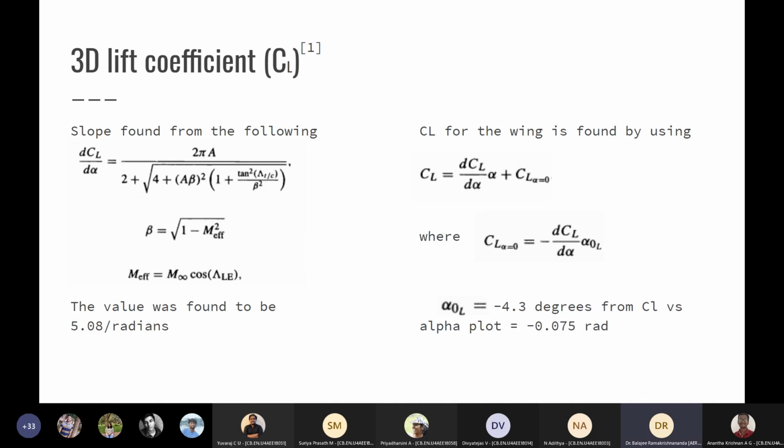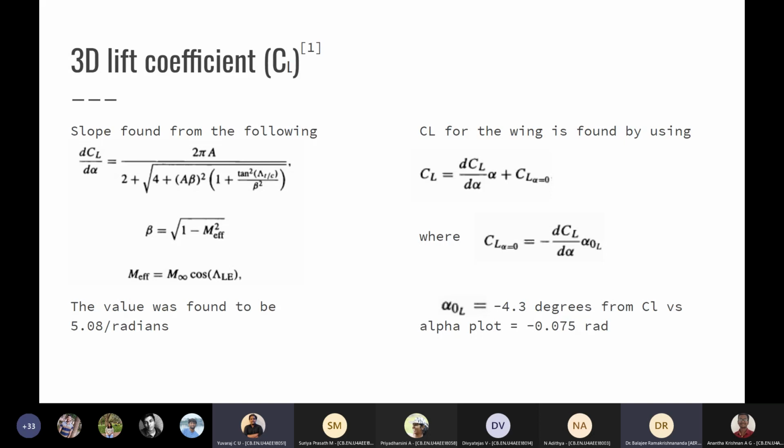Instead of 2 pi, you should substitute the 2D slope of the airfoil, the lift curve slope of the airfoil. So don't use the formula as it is. Just make a small change, so everything else will change after that. Anyway, continue.